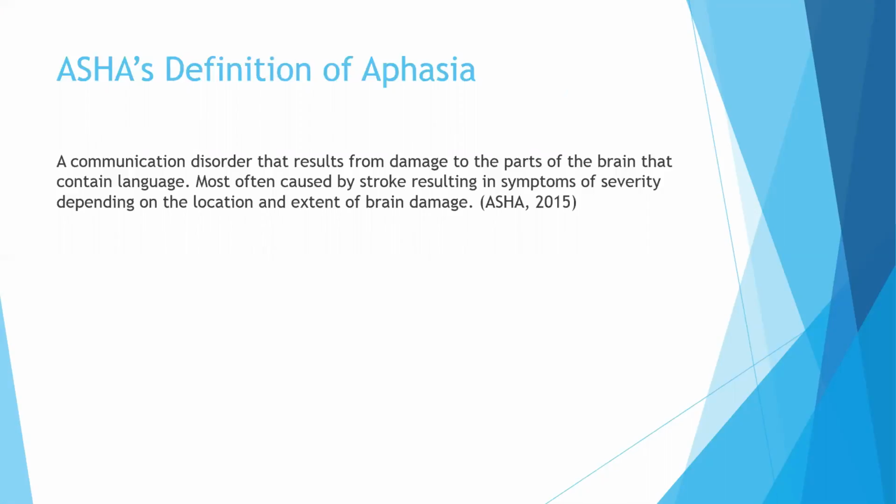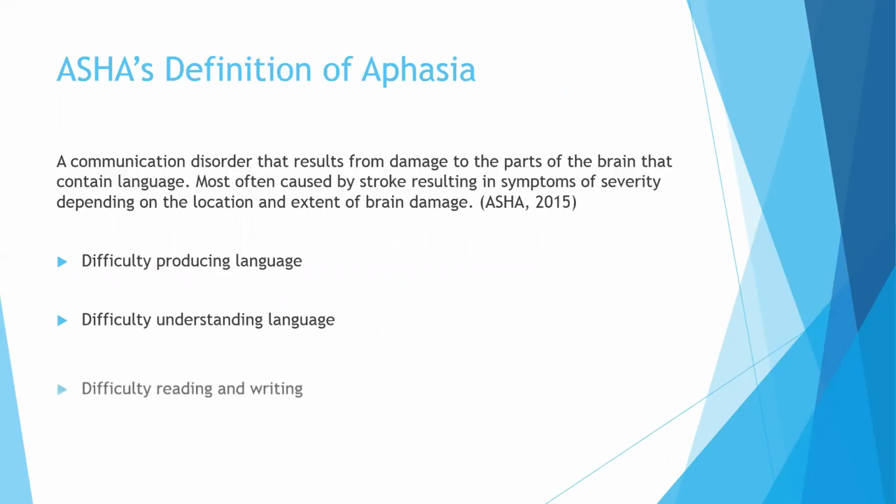According to ASHA, aphasia is a communication disorder that results from damage to parts of the brain that contain language, most often caused by a stroke, resulting in symptoms of severity depending on the location and extent of the brain damage. It focuses on the difficulty producing language, difficulty understanding language, and difficulty reading and writing language.